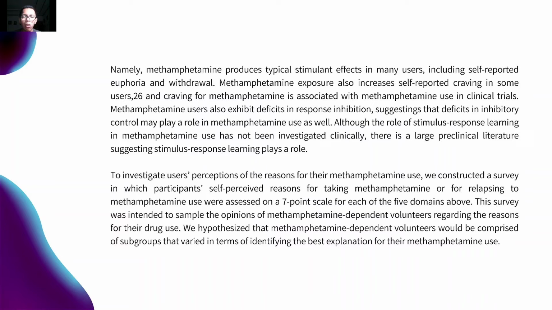Methamphetamine users also exhibit deficits in response inhibition, suggesting that deficits in inhibitory control may play a role in methamphetamine use as well. Although the role of stimulus response learning in methamphetamine use has not been investigated clinically, there is a large preclinical literature suggesting stimulus response learning plays a role.